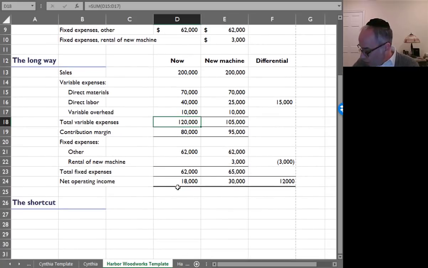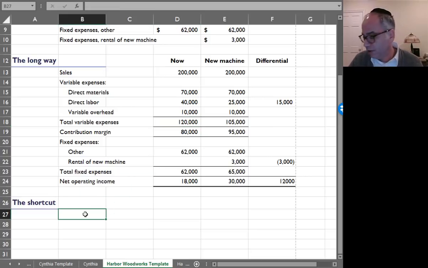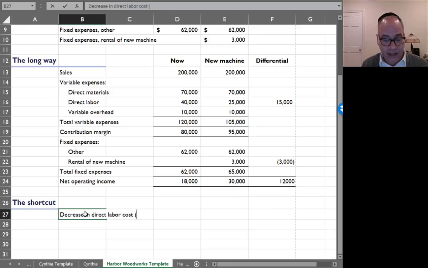Now, that's a lot of work. If you want, you could just focus on the differences, and you can call this a shortcut. It requires a little more thought, but the decrease in direct labor cost is just 5,000 times 8 minus 5.